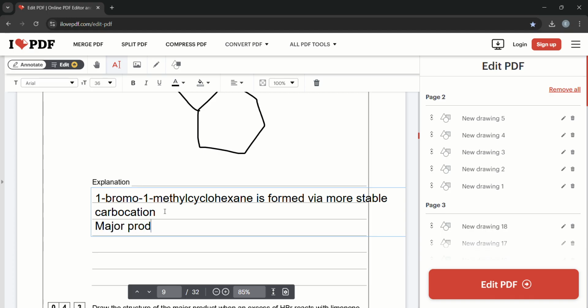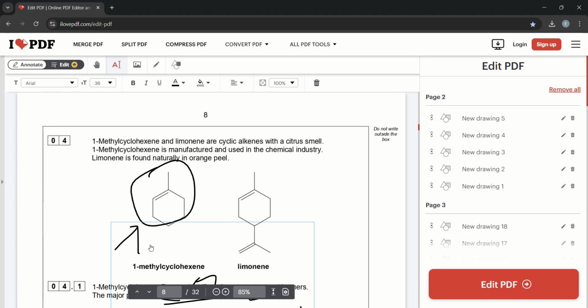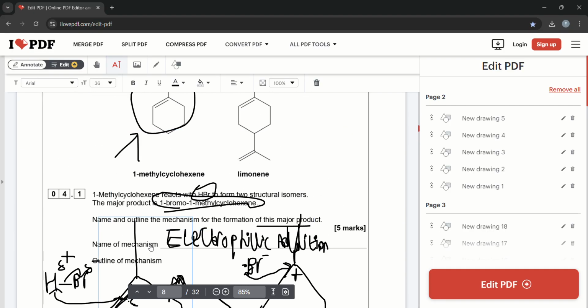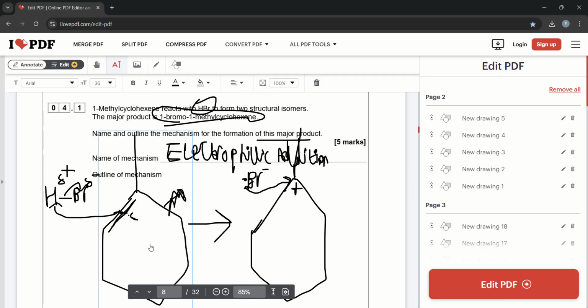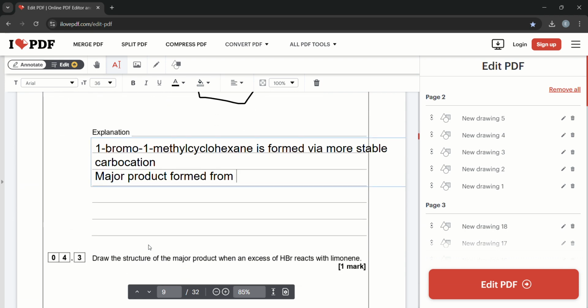The major product, now which kind of carbocation is it formed from? It is going to be a tertiary carbocation.